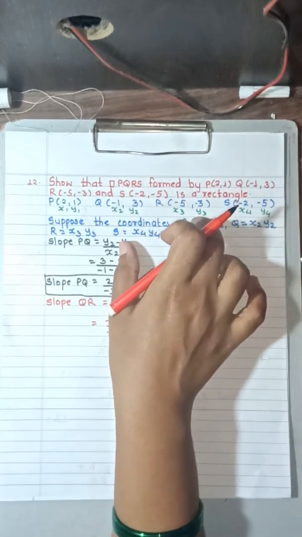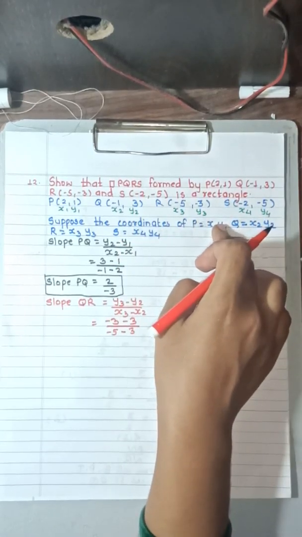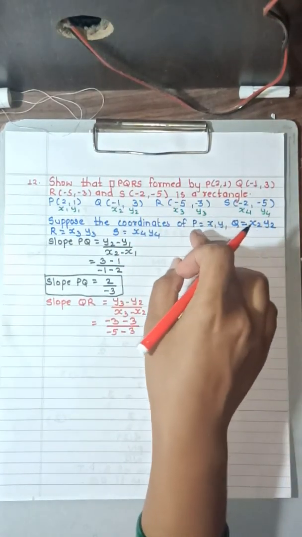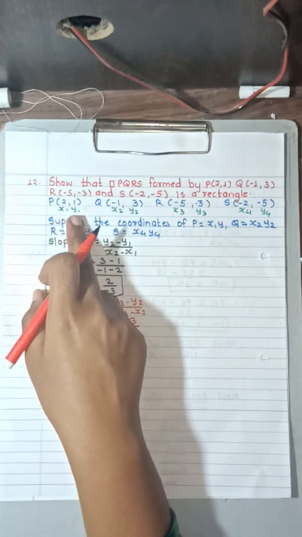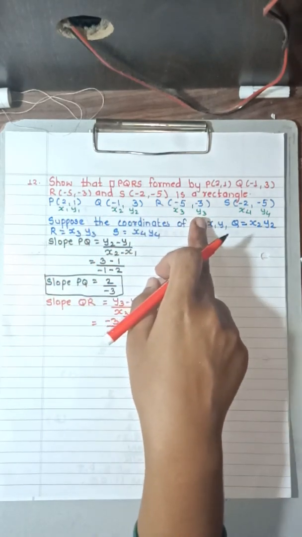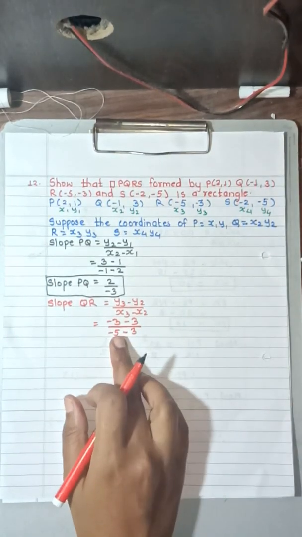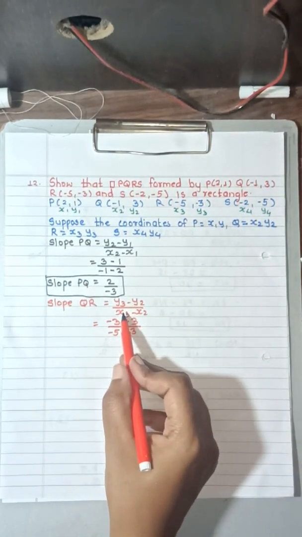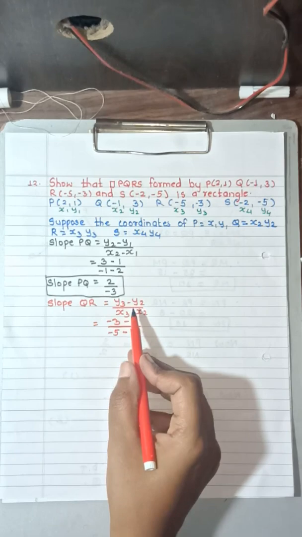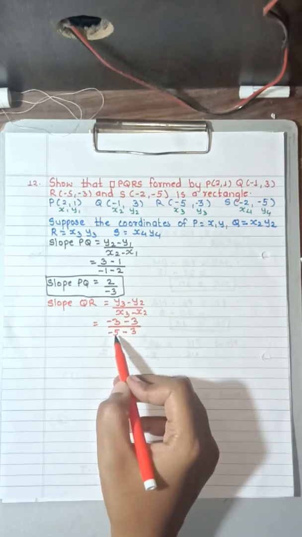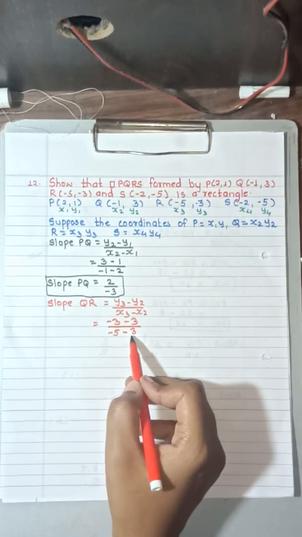One second, children, just let me see whether I have put the values correctly. This is (2, 1), (-1, 3), (-5, -3), (-2, -5). So this will be y3. y3 is minus 3, correct. y2 is 3. Then again x3 is minus 5, correct, and x2 is 3.